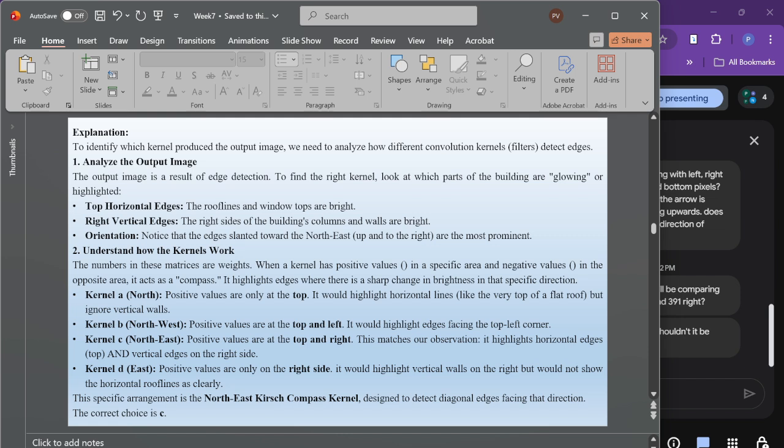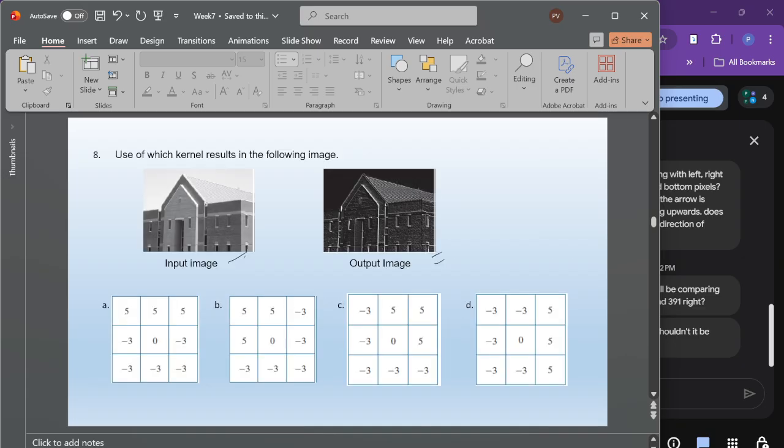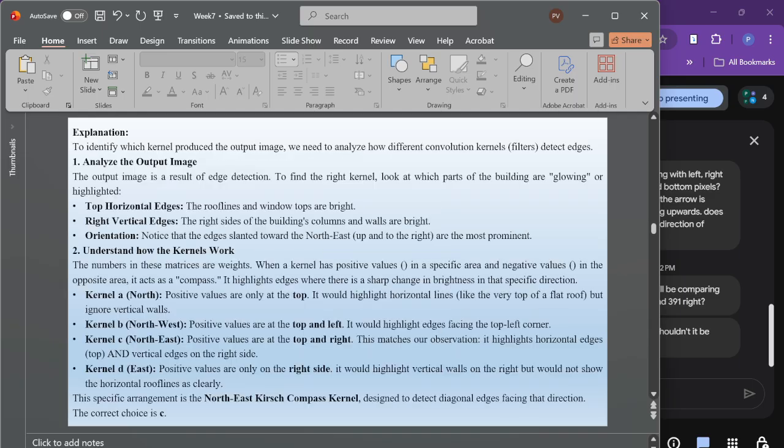To understand how the kernels work, the numbers in these matrices are weights. Here the positive values are 5, and in a specific area the negative value is minus 3.